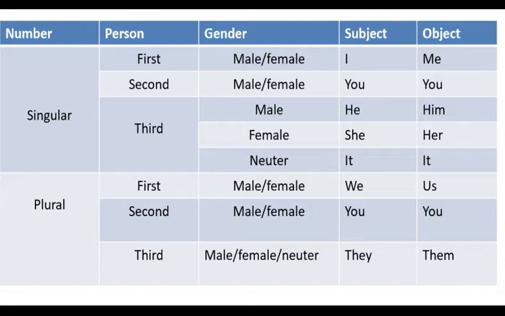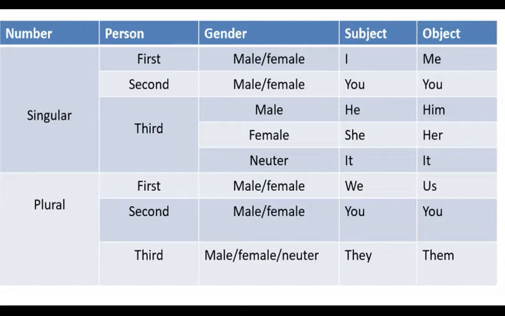Now, let's tackle the third person of the singular form. Here, he concerns only male, and the object is him. For females, we say she for subject, and the object is her.